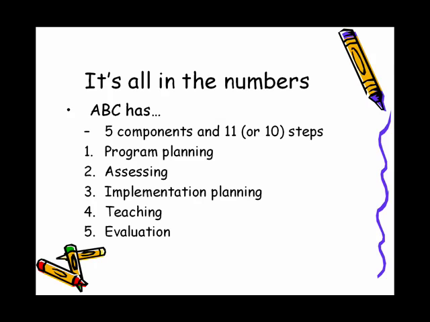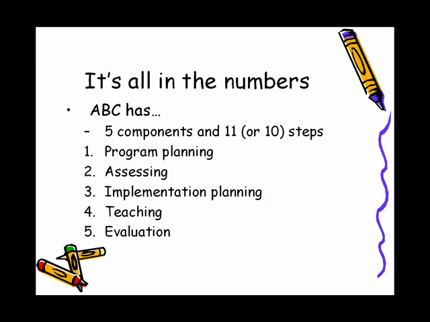It's all in the numbers. If you read through the chapter, or I assume you have already read the chapter, there are several numbers that describe the ABC model. There are 5 components of the ABC model and 11 or 10, depending on how you count things, steps in the ABC model.